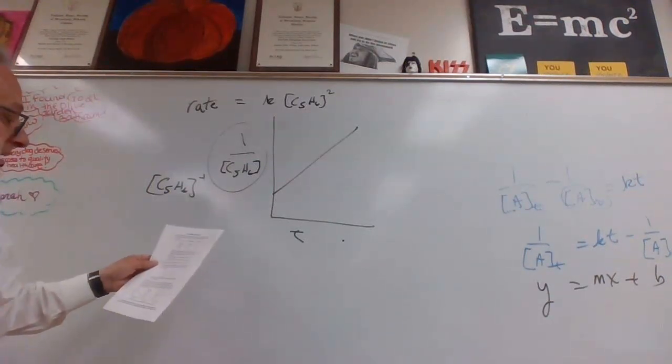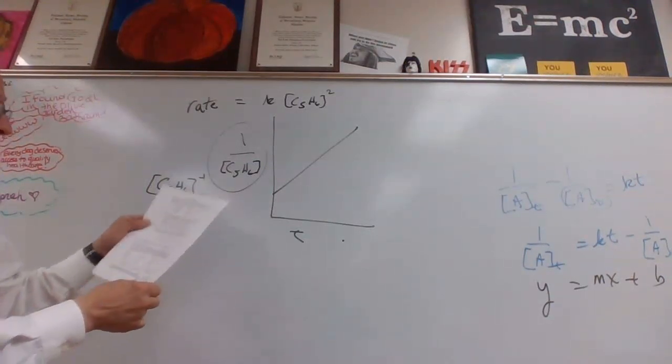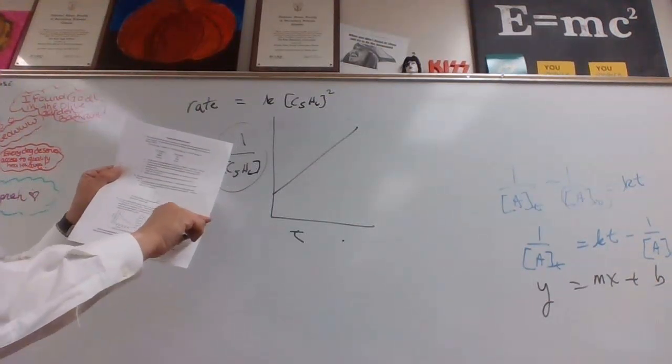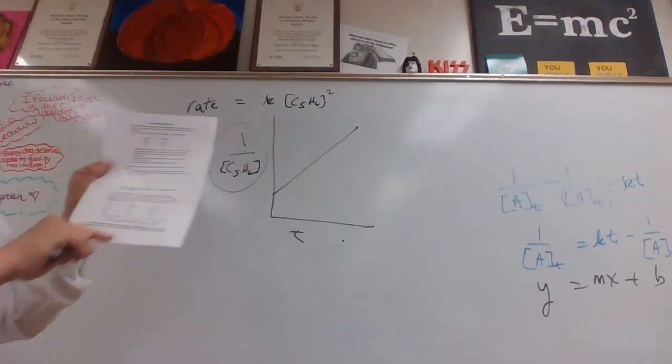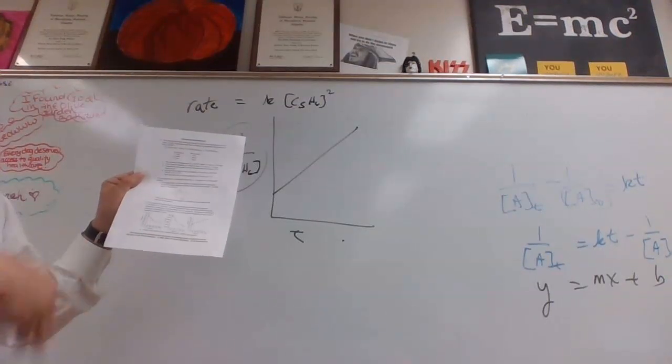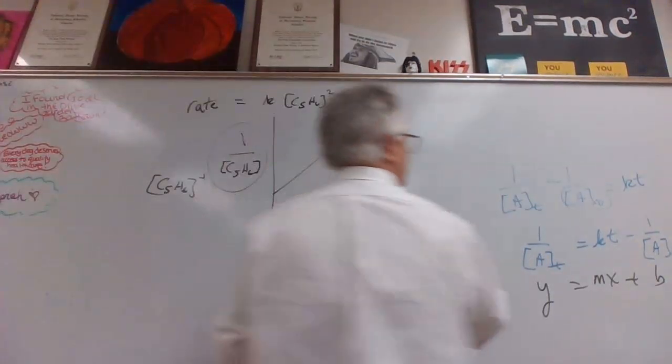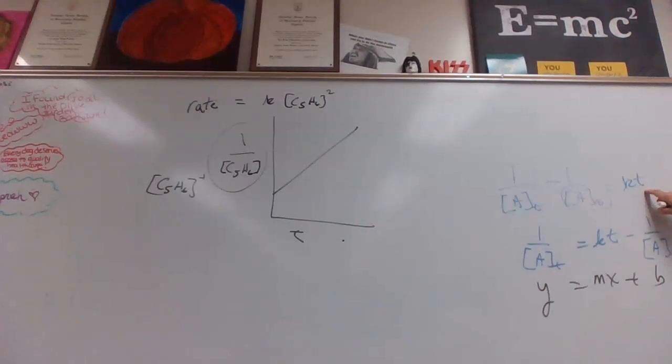How can we go ahead and do that one? Because we would have to basically look at the slope of that line, set it up like a y is equal to mx plus b problem, and since we have the time here, we would be able to go ahead and calculate the amount left after that certain amount of time. I'm not going to put that on a test though.